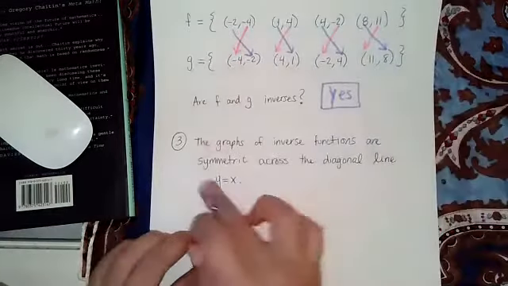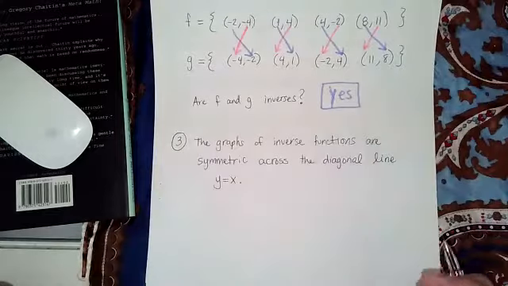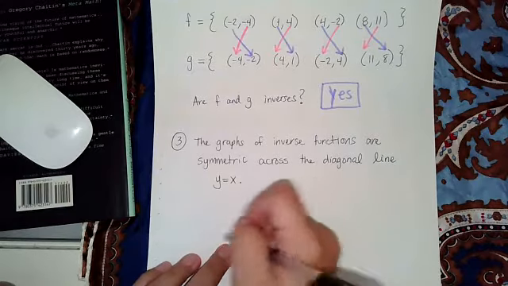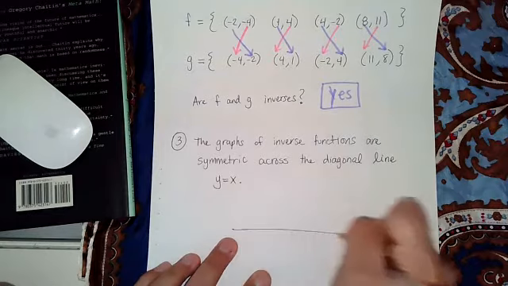Okay, and we're going to see this one put into action right now because we're about to graph some functions and then have to come up with their inverse functions and then graph them on the same axis or set of axes.